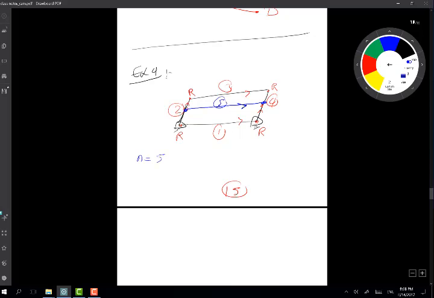I have n equal to 5 and R equal to 6, right? So your degrees of freedom will be equal to 3 times (5 minus 1) minus 2 times 6, and you get 0. So you are getting 0 freedom, and yet you know it is going to move, right? That's strange, because the linkage still moves, right?